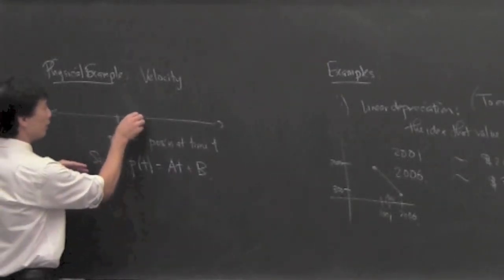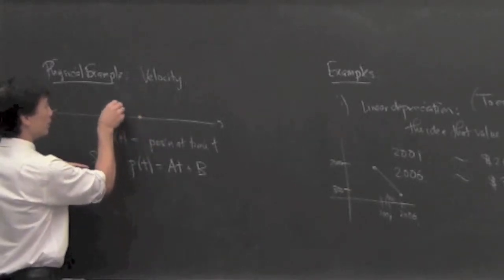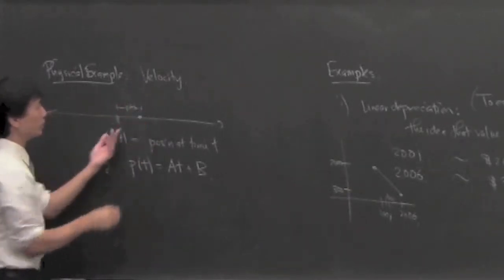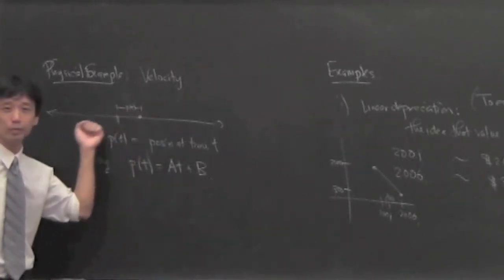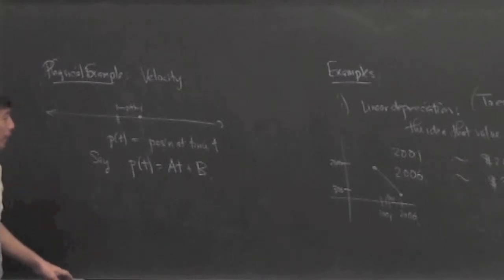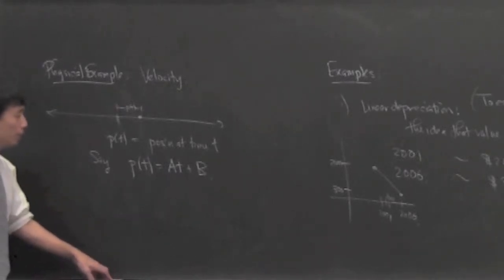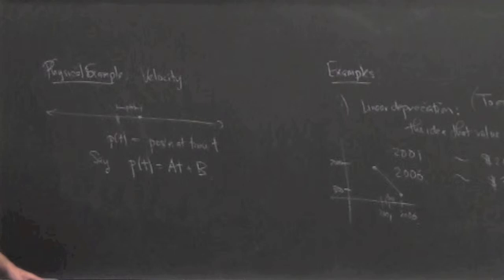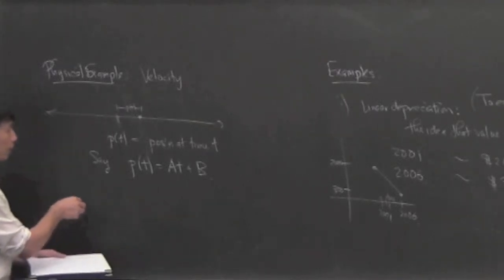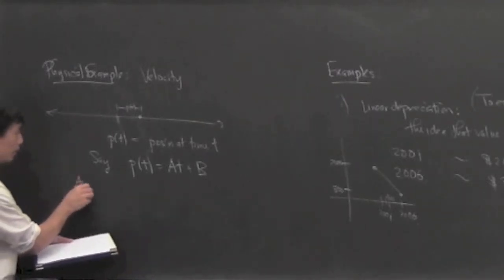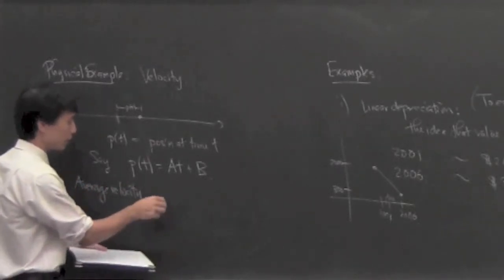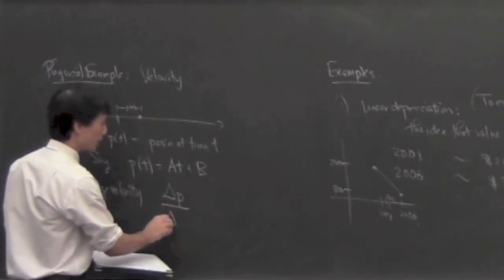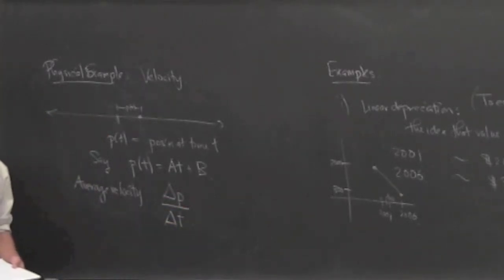So the p of t is the position on this number line. The car is just going backwards and forwards on a straight line. The average velocity of the car is going to be the change in position over the change in time.